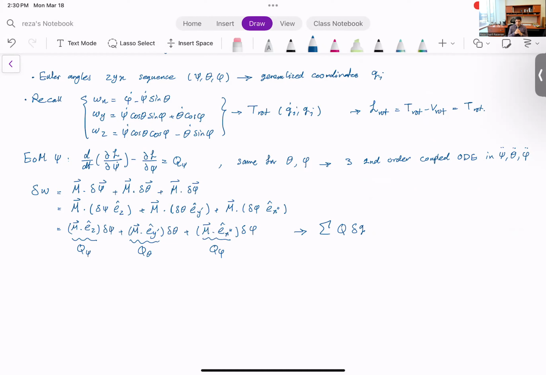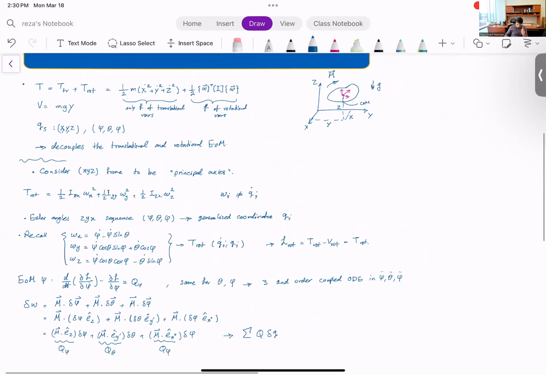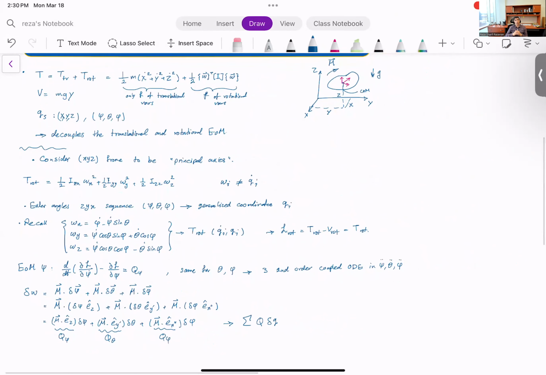And I don't think I have anything else. We didn't do anything special or fancy other than writing the same old Lagrange equation that we had using these rotational generalized coordinates.